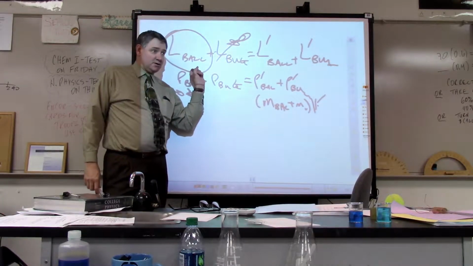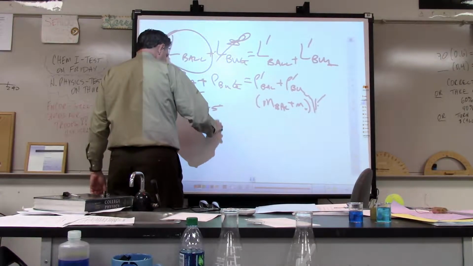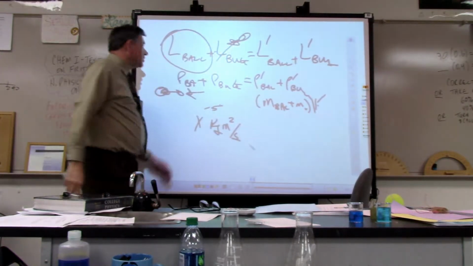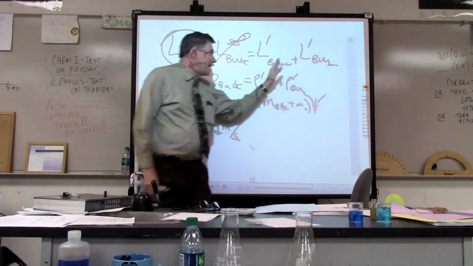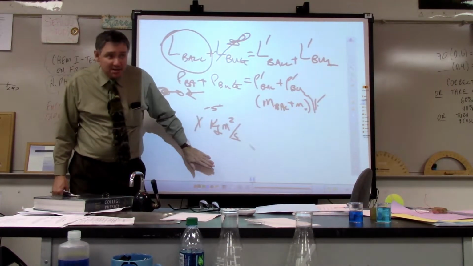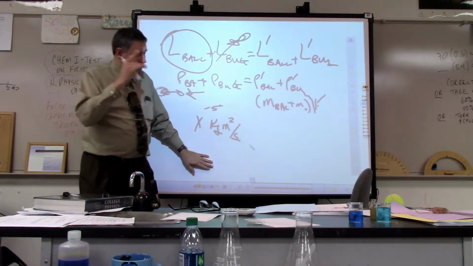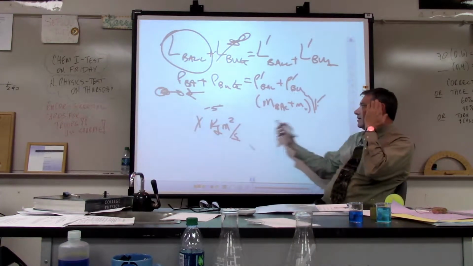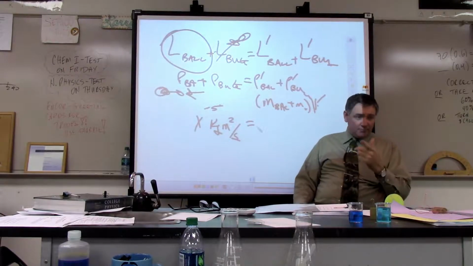This is something times 10 to the negative fifth kilogram meter squared per second. You know what this number is. So that means when I add these two numbers together, they have to add up to whatever you got here, because the momentum has to be conserved. Okay? Now, here's the deal. Are the ball and the bug going to spin at the same rate?